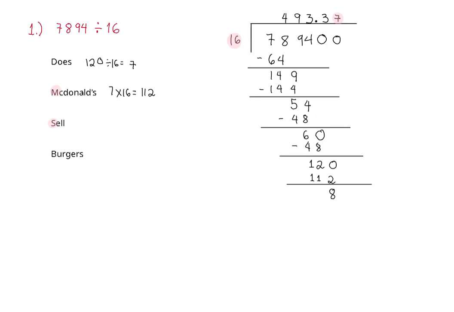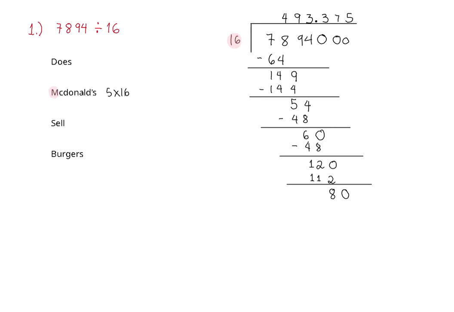Bring down 0, and finally, divide 80 by 16, we will get 5. Write 5 after 7. Next, multiply 5 and 16.